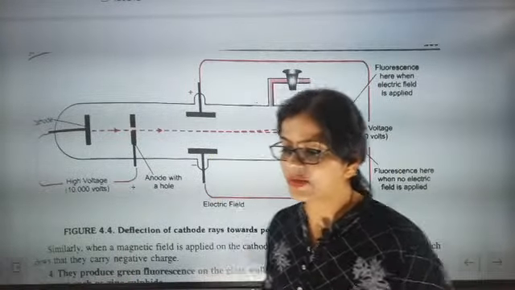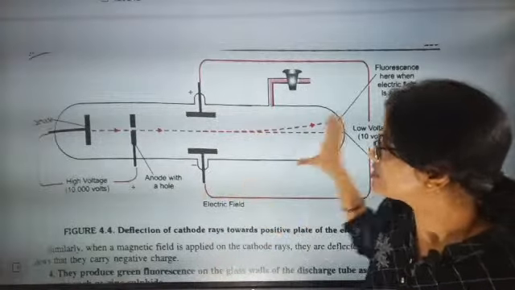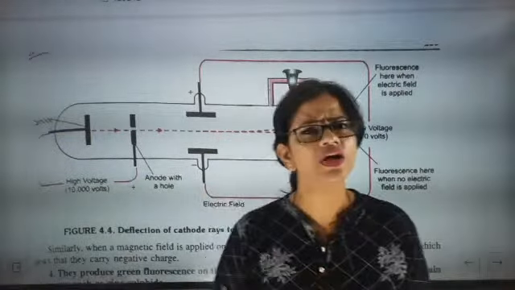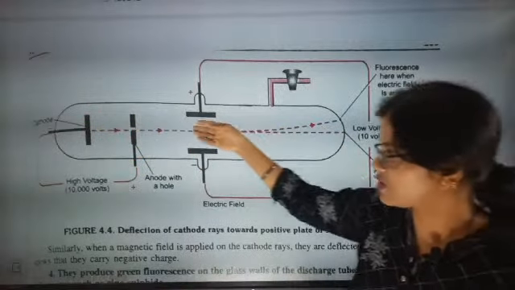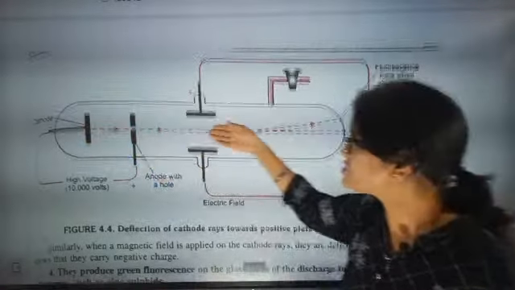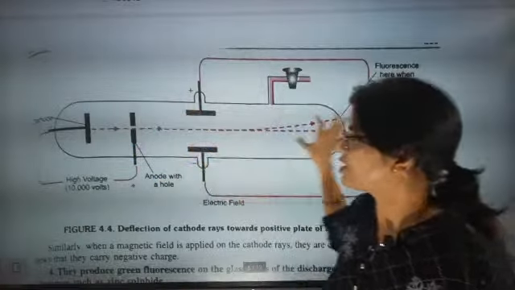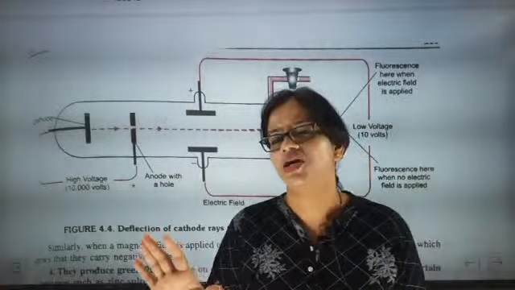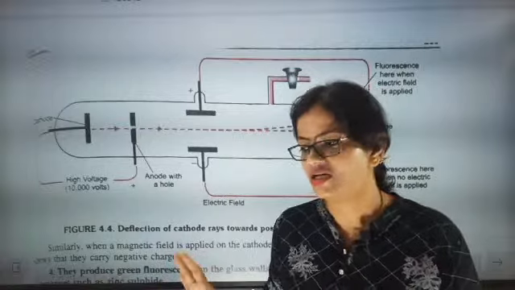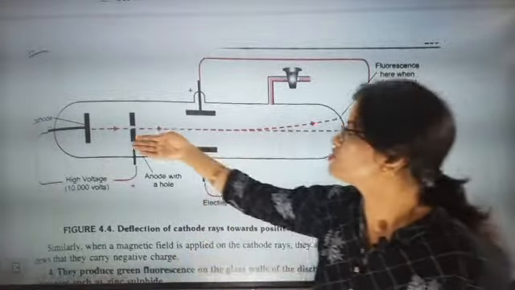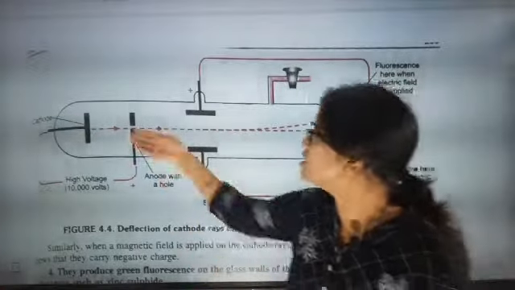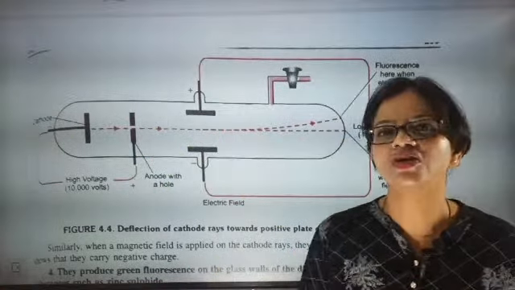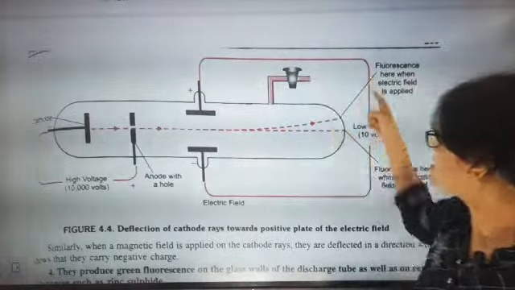When we keep an electric field in this discharge tube, the cathode ray used to travel straight. It is supposed to go straight if it is not carrying any charge. But rather than moving straight, see here, the current is passing.